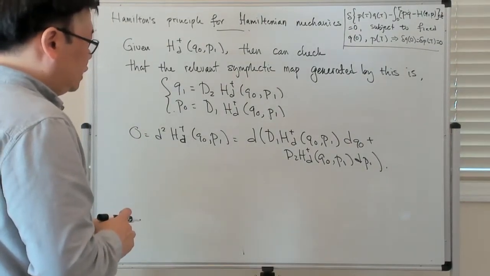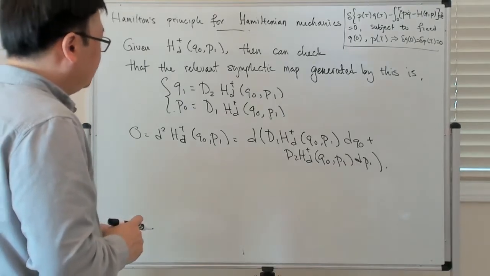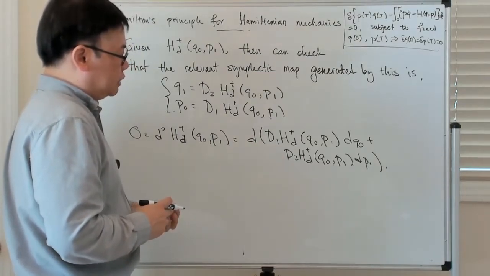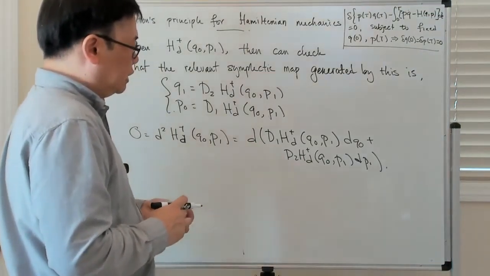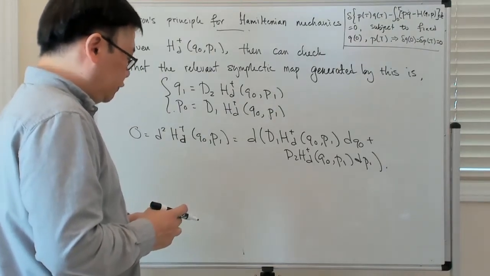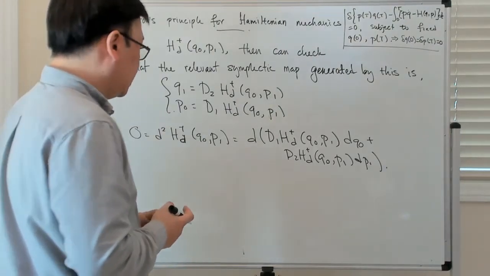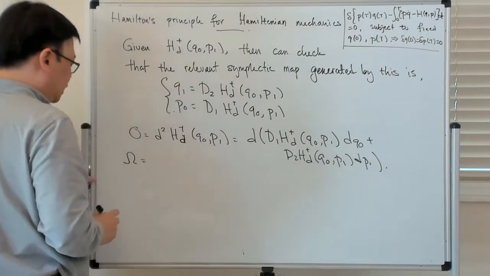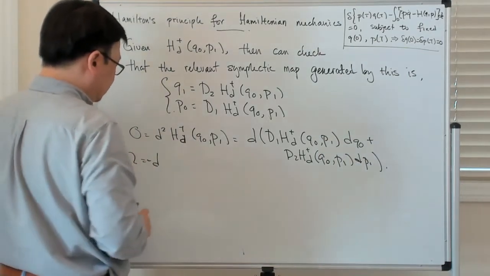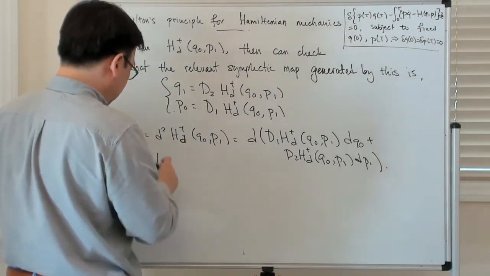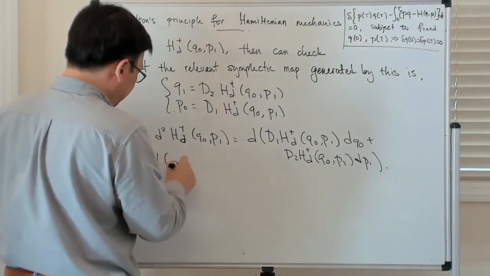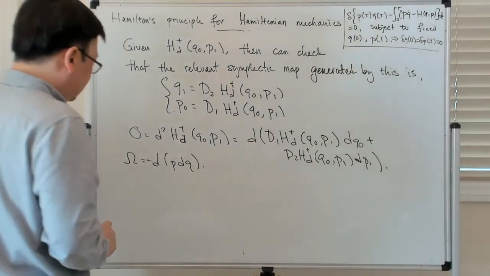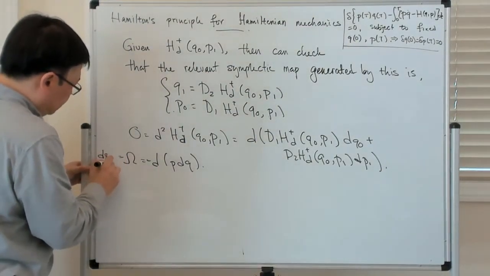Okay, and then if you recall, in the proof of symplecticity you want to write this as being something like the difference of the canonical one forms. So if you have omega, which is technically minus the exterior derivative of p dq, for example, because omega is just dq wedge dp.